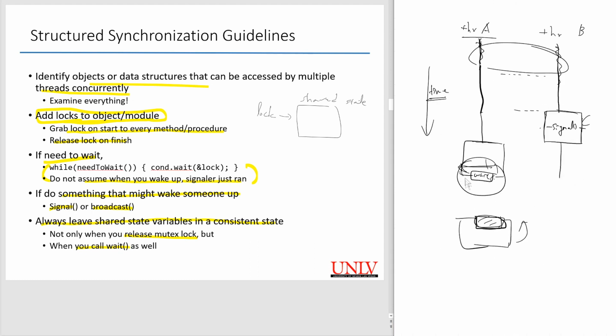Just like here, when you're waiting, you actually release the lock. So in between, some other thread acquires the mutex lock and does something, modifies the shared state, and then calls signal so that thread A can wake up.